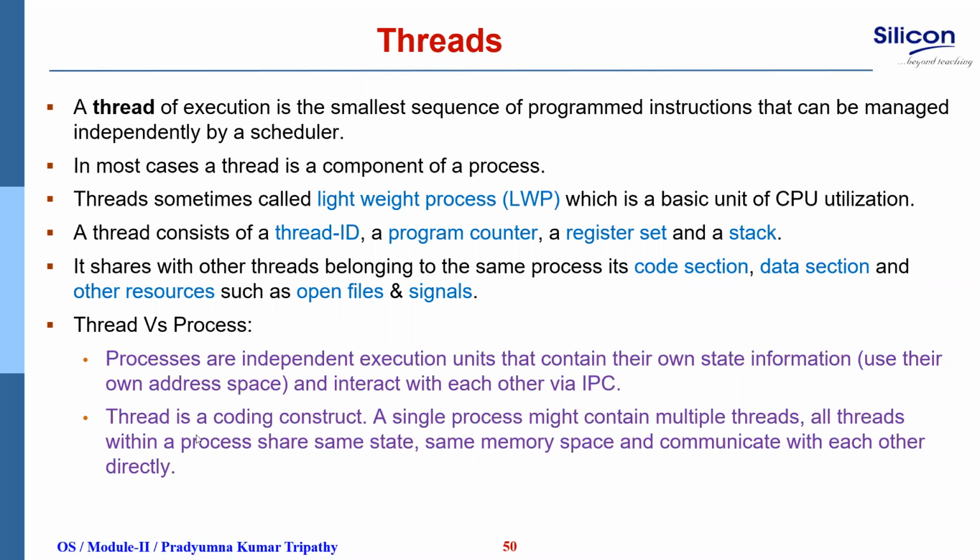But a thread is a coding construct only. A single process may have multiple threads. All threads within a process share the same state, the same memory space, and communicate with each other directly. So here the threads can communicate with each other directly. Processes do not communicate with each other directly.